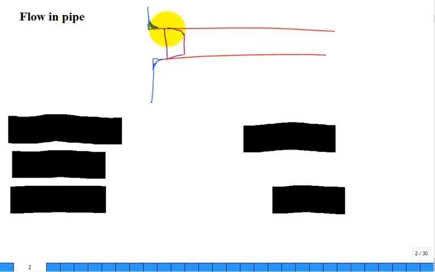So the velocity profile is nearly flat in the core of the pipe, but there's a sharp gradient. But after a while, it develops and it becomes, especially if it's laminar flow, a nice quadratic velocity profile. What do you mean by quadratic?